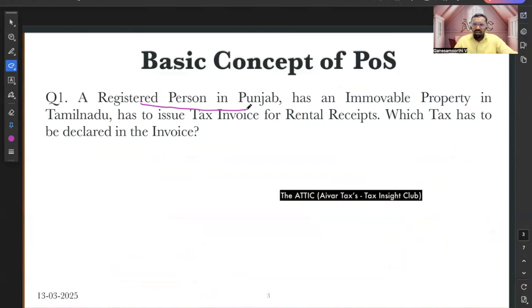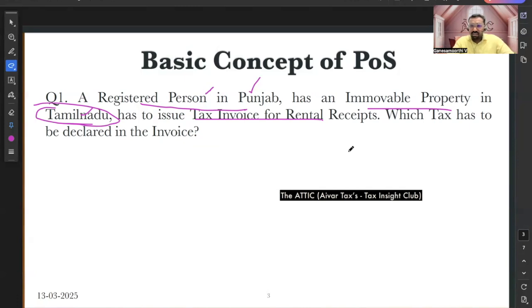The first question: a registered person is in Punjab. He has an immovable property in Tamil Nadu and he does not have any registration in Tamil Nadu. He has to issue a tax invoice for the rental receipt. Assume that it is a commercial property. In this case, what is the place of supply?